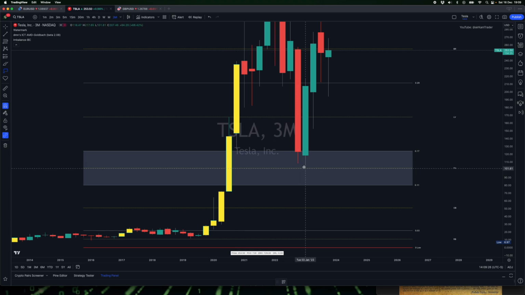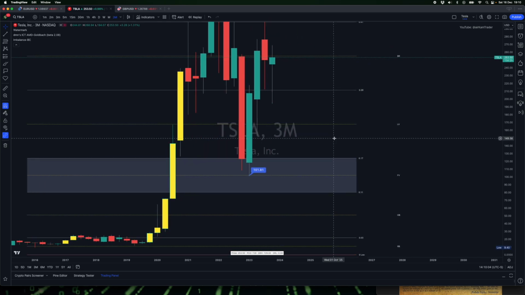This is the price, 101.81, and the theoretical consequent encroachment of the GB partition would have been 102.06. Right, that is about 25 cents, I believe. It was within 25 cents of the theoretical Goldbach price. Okay, that's your first piece of evidence that stocks also obey Goldbach.